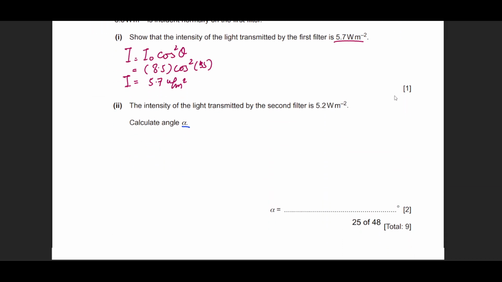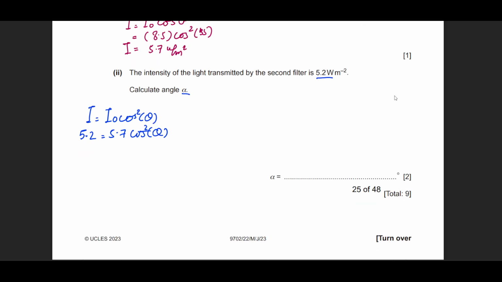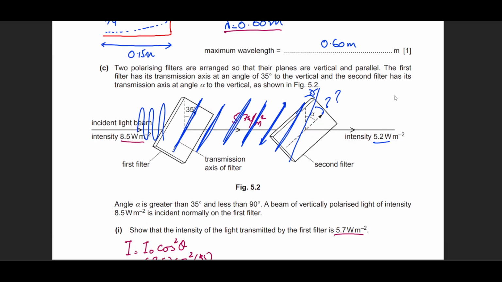So let's calculate this. So what have we done to make 5.2? So I is equal to I naught cos square of theta. 5.2 is what I received. 5.7 is what we provided to the filter, and cos square of theta. So please don't forget to take the square root on the other side. So we find that the theta comes out as 17.2 degrees, which is a further increase of 17 from 35. You see, 35 was already done.